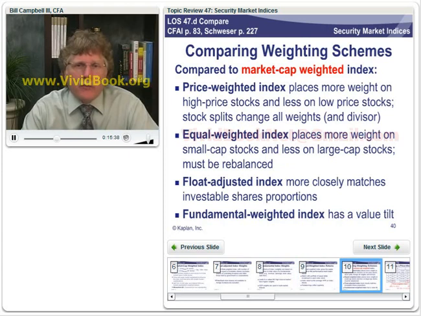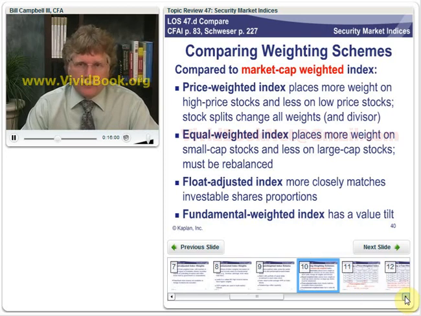How do these compare with each other? Well, as I said before, price-weighted indices place more weight on the high-priced stocks, less on low-priced stocks. And remember that whenever you have a stock split or a stock dividend or an old stock out and a new stock in, that's going to change the divisor, which changes the weights on everything.